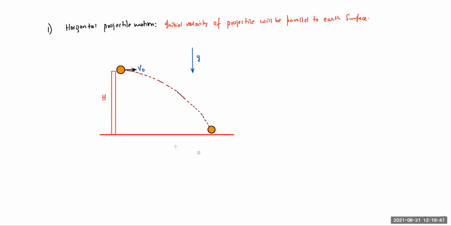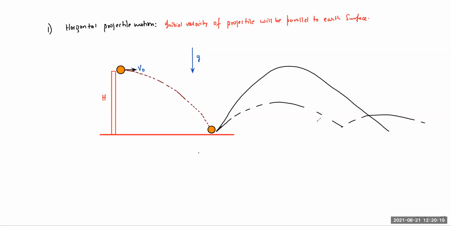And the moment you are about to hit for the first time, it is not that it will stop here. If the surface is really smooth, it will keep on bouncing like this. If the surface is perfectly rigid, it can bounce like this. It may go further and further. It may bounce to the same height also, maybe like this.